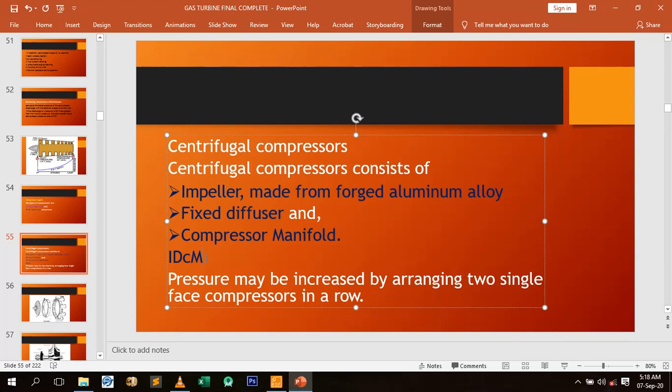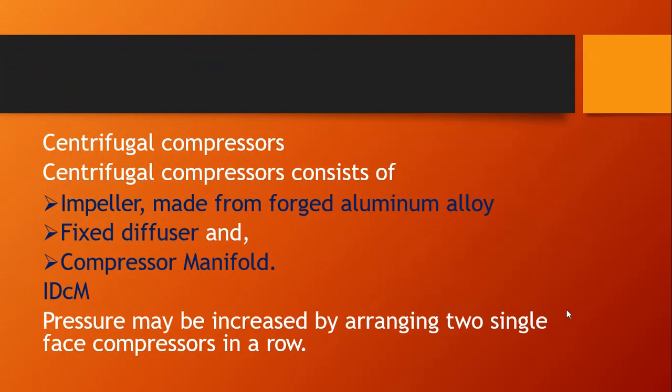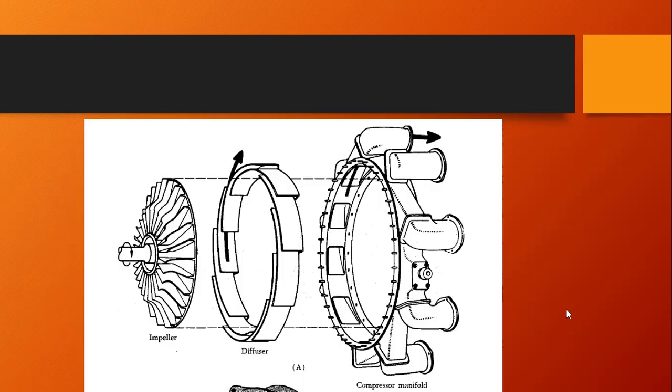Isn't it that? IDCM, or you can call it IDM, and that's an acronym for impeller, made from forged aluminium, diffuser, fixed, and compressor manifold. A pressure may be increased by arranging two single phase compressors in a row. So when you get two single phase compressors, you arrange them in a row, you increase the pressure.